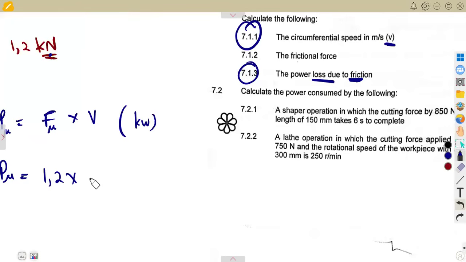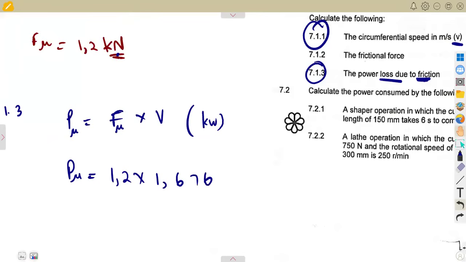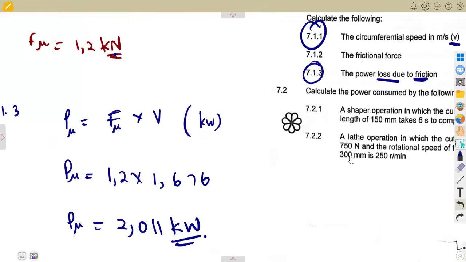So guys, maybe they were just tired with these questions, and they just wanted us to refer back to our science N3 for revision. All right, so that was going to give 2.011 kilowatts as the power, which is the power against or the power to overcome this friction. That is what it can be like.